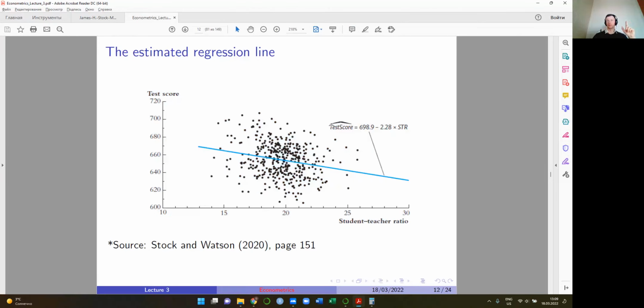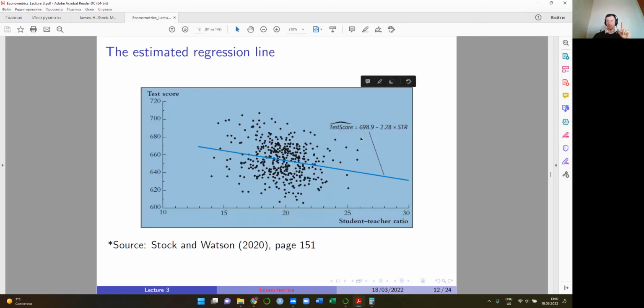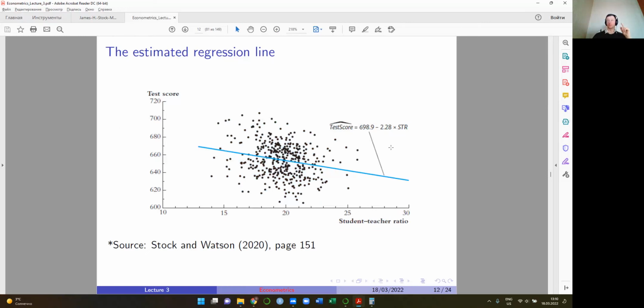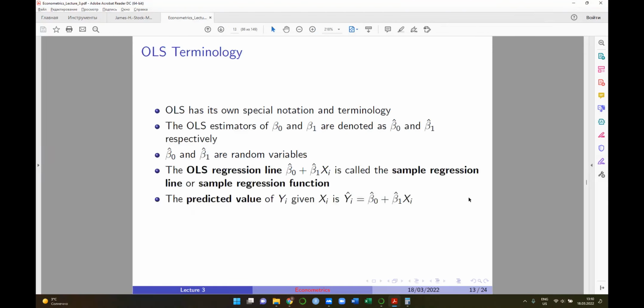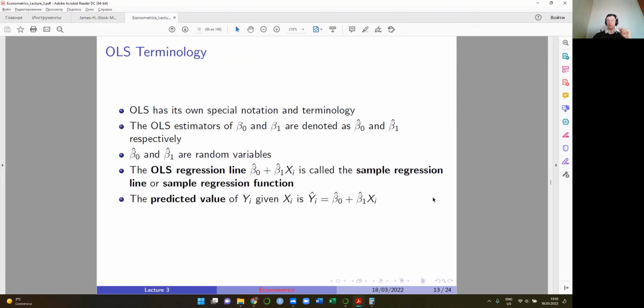That's why we put this hat above the outcome variable, because we want to stress the fact that we are not talking about the actual value. We are talking about the predicted value, which is based on our belief about the shape of this regression line.